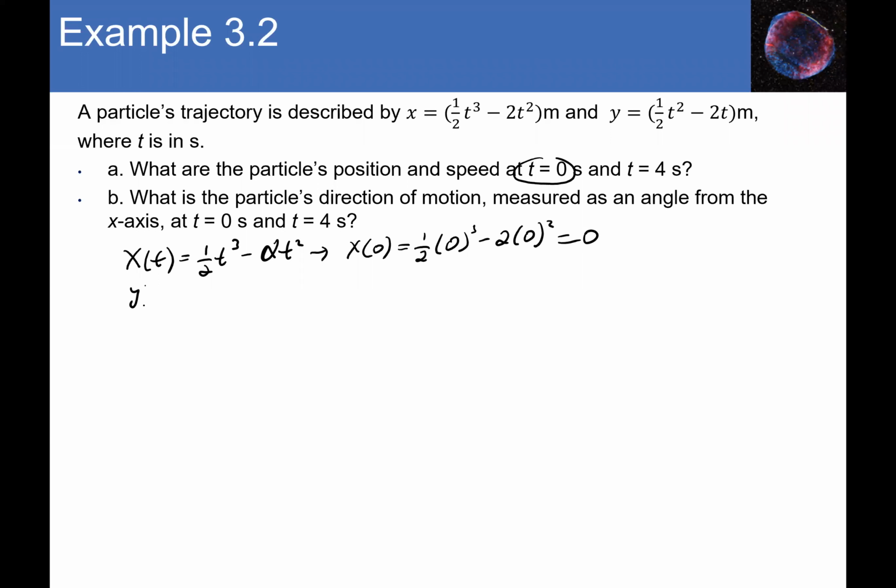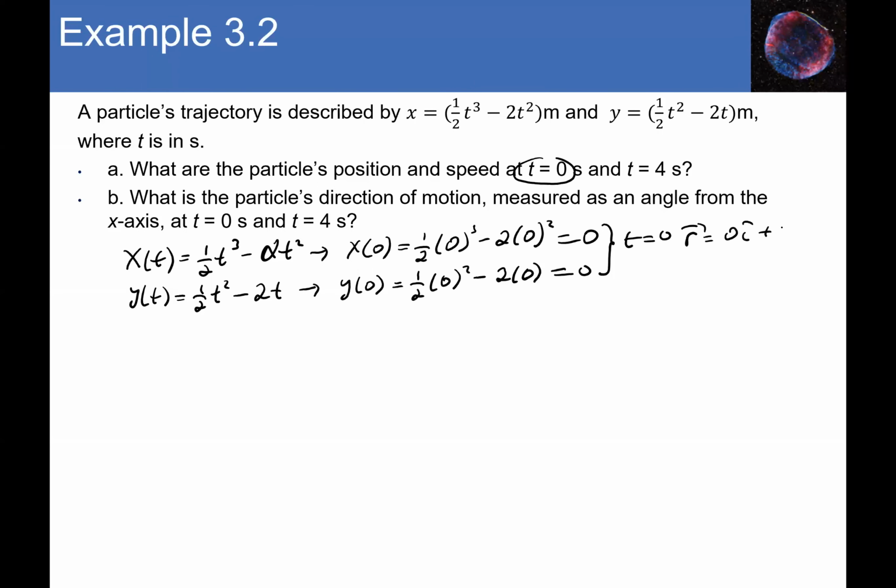Same way for y as a function of time, 1/2 t squared minus 2t. When time is 0, it becomes 1/2 times 0 squared minus 2 times 0, which also equals 0. So the conclusion here is that at t equals 0, r is 0 i hat plus 0 j hat, which means it's at the origin.